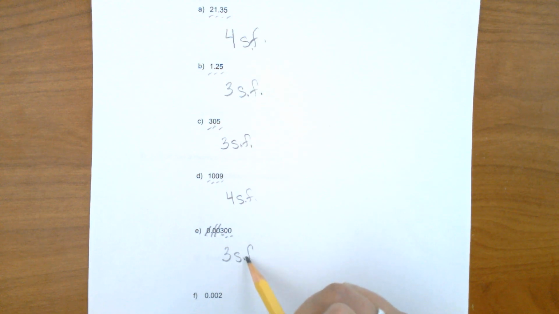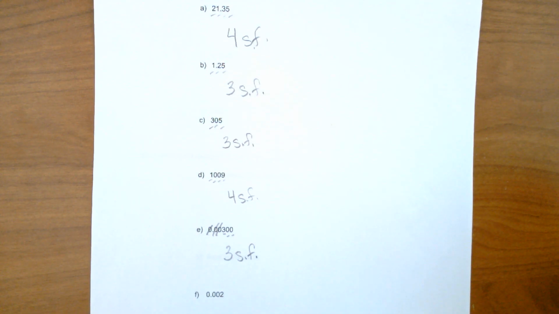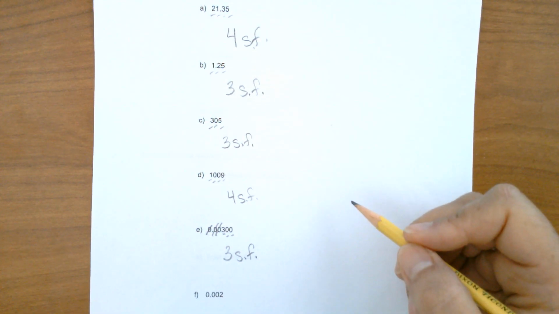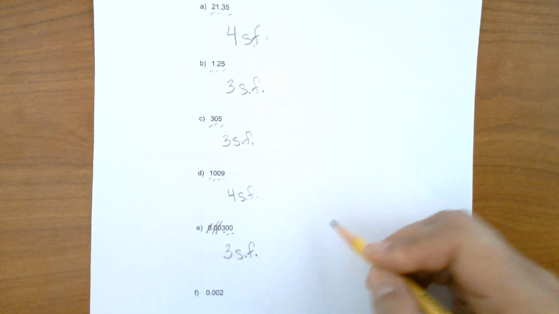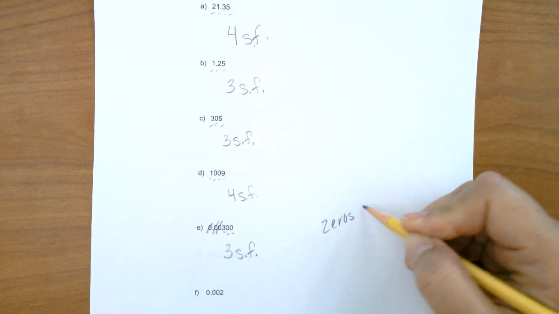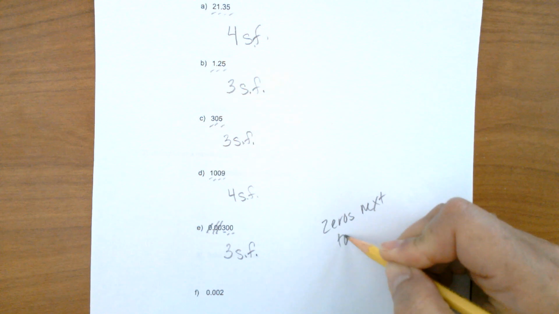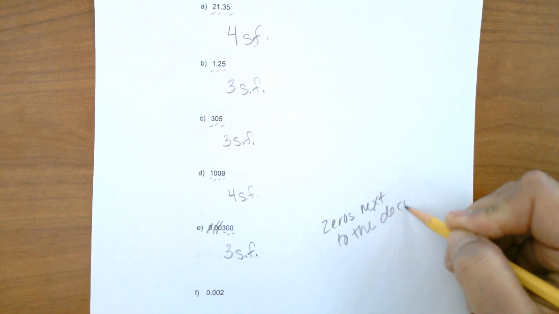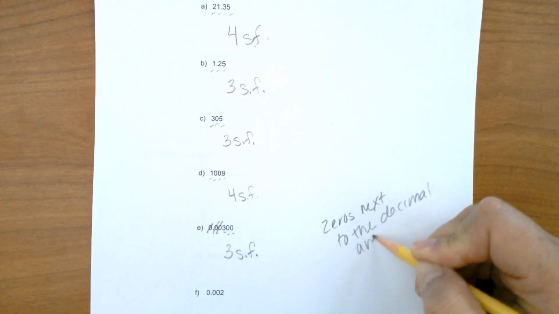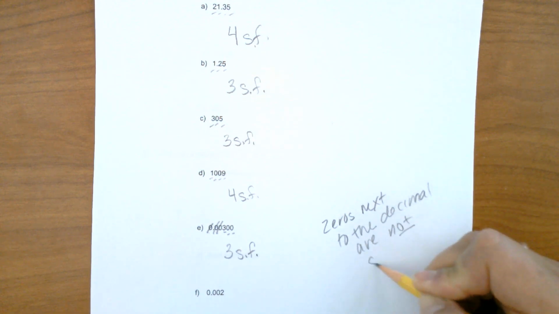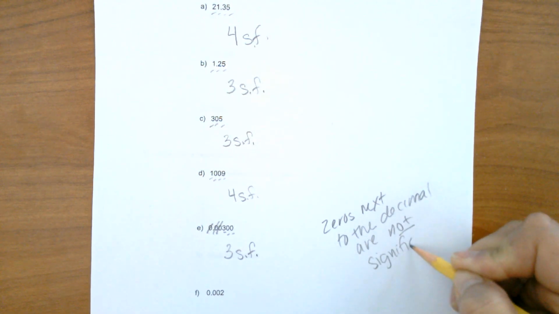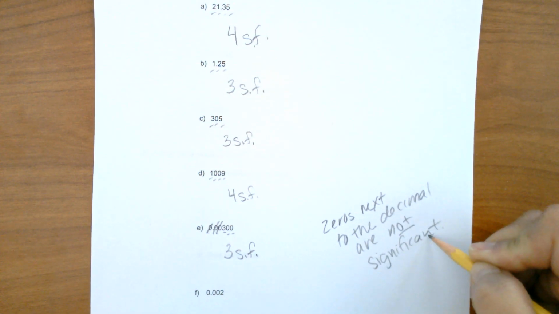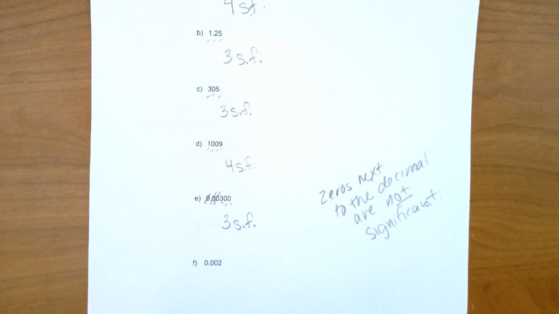So here we have 3 significant figures. So the key is when you have zeros next to the decimal, they are not significant. Okay, remember that.